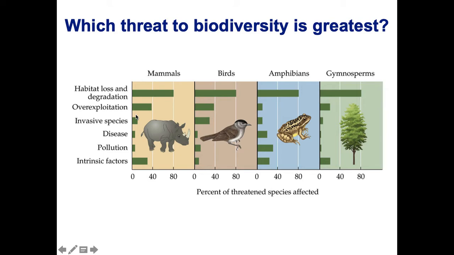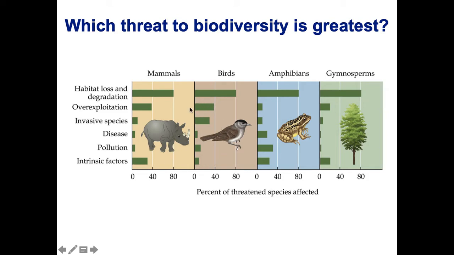And then when you look at the secondary ones, it changes depending on what types of species you're talking about. So for mammals, we see that there is a lot of problems from overexploitation and intrinsic factors, which we'll talk about. These are characteristics of species that make them more susceptible to extinction.